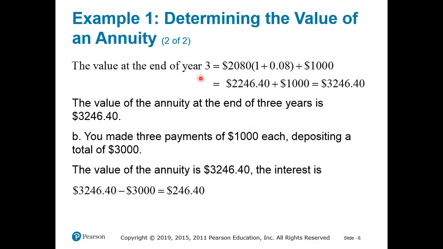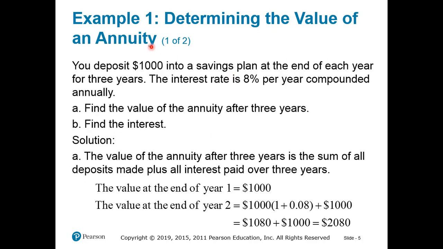And then at the end of the third year, you're going to have, again, $1,000 deposited plus 8% of the money that's there. Now, let's go back. Make sure you understand this. You're depositing $1,000 into a savings plan at the end of each year. So at the end of the first year, you deposit $1,000. You haven't accumulated any interest.